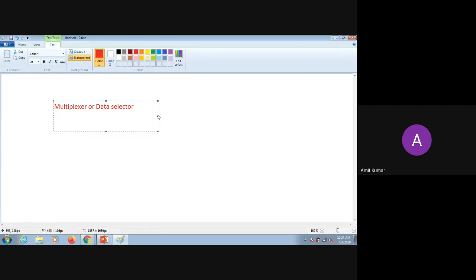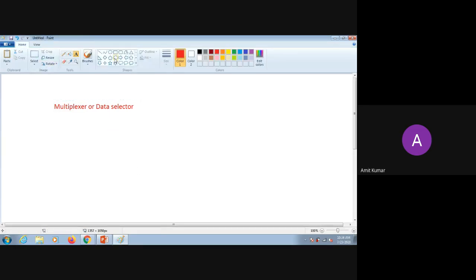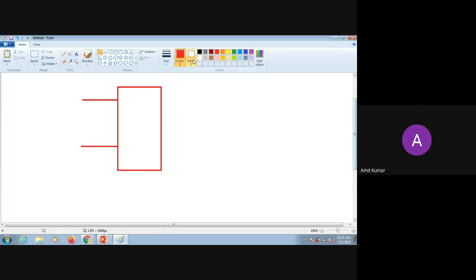So if you see your multiplexer, it will look like this. Two inputs, and one will be the selection line.